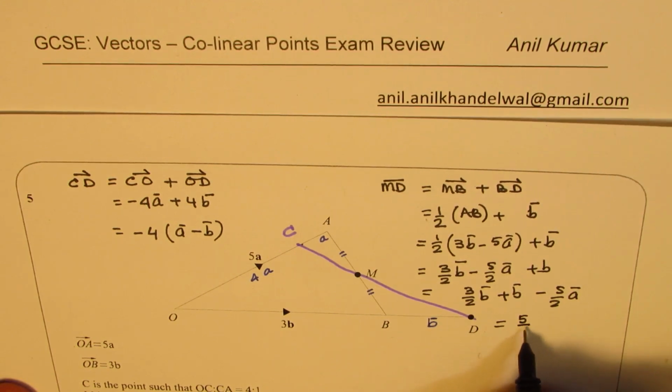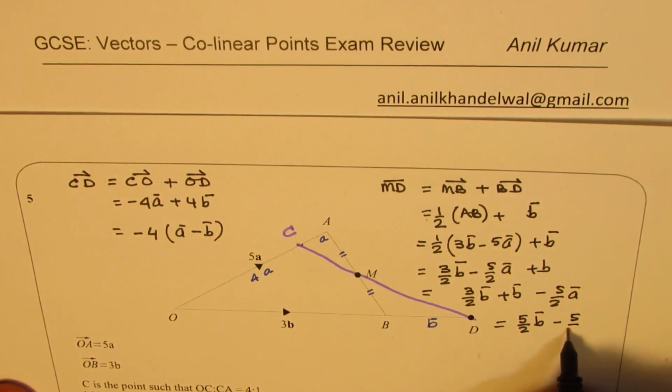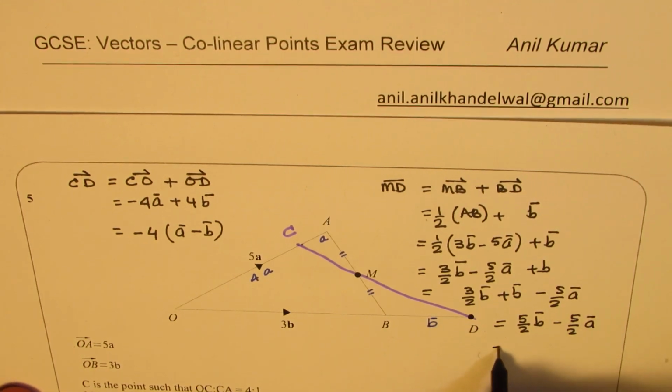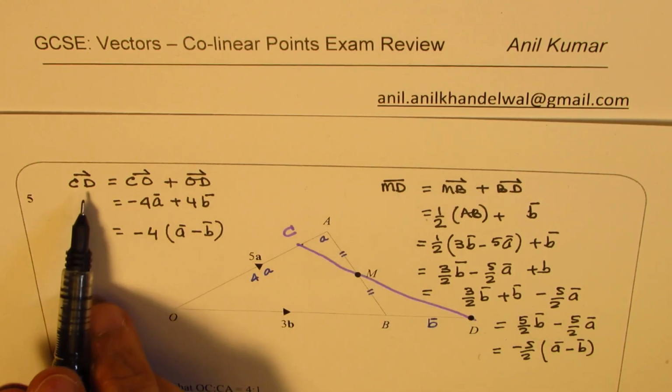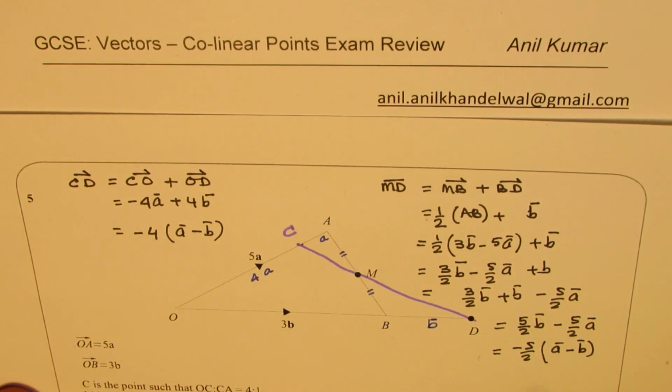That gives me 5 over 2 B. And this is minus 5 over 2 A. Now we can take 5 over 2 common, right? If I take minus 5 over 2 common, in that case I again get A minus B. Right? So that means MD and CD are scalar multiples of A minus B, right?